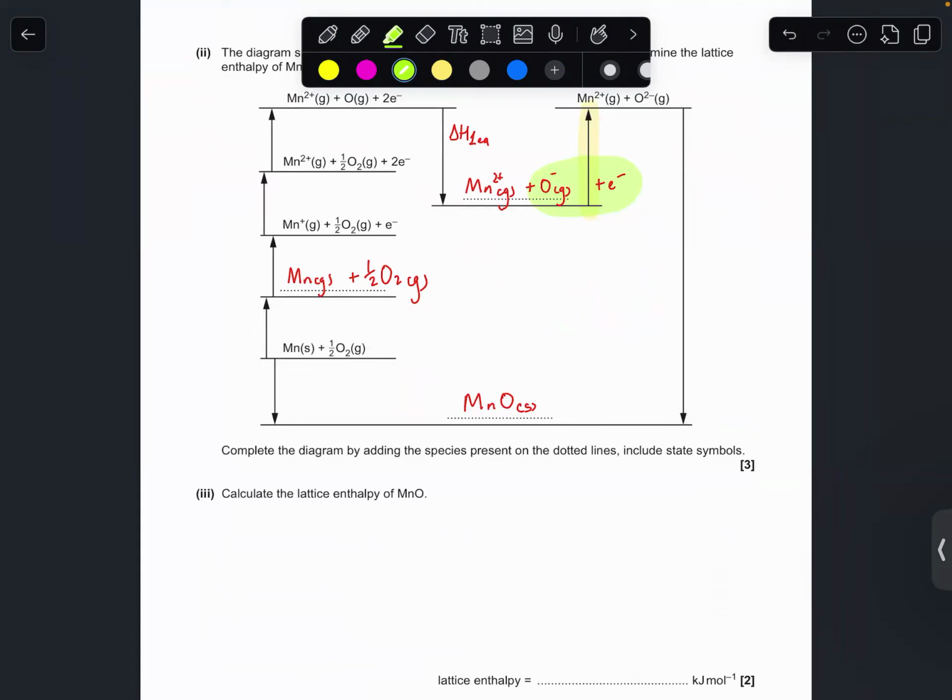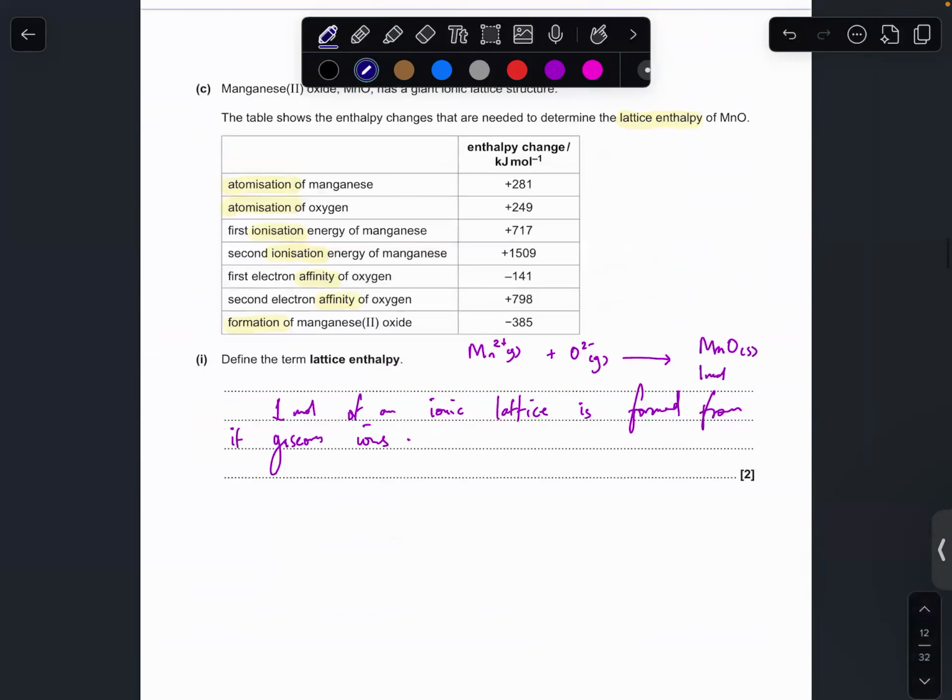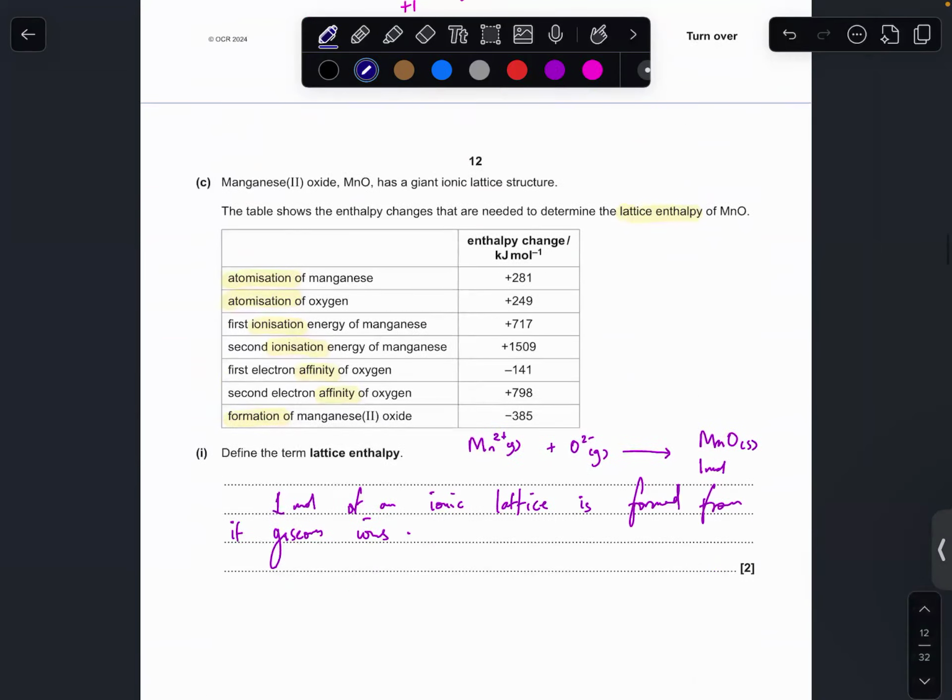It says calculate the lattice enthalpy. There's a hack for this, which has never let me down. The lattice enthalpy is equal to the enthalpy change of formation minus everything else. So using my calculator, where's the enthalpy change of formation?